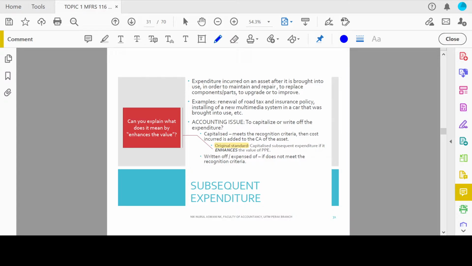But the issue is whether to record it as an expense or as an asset.